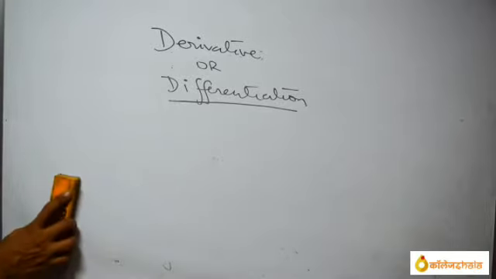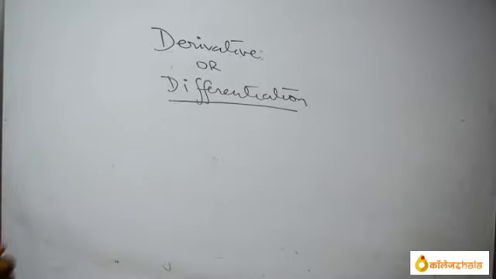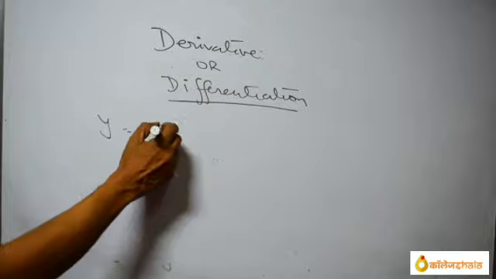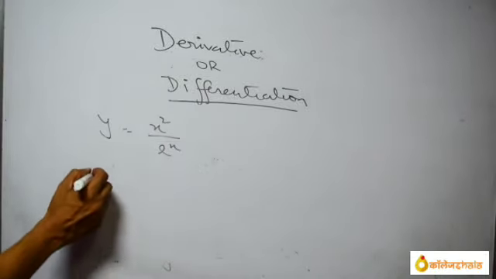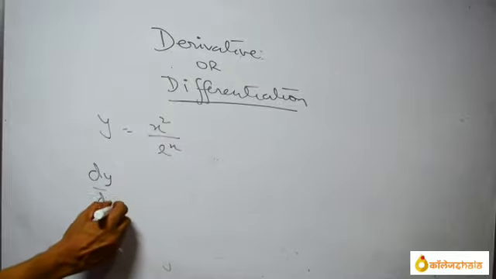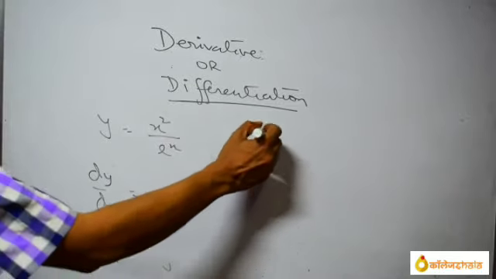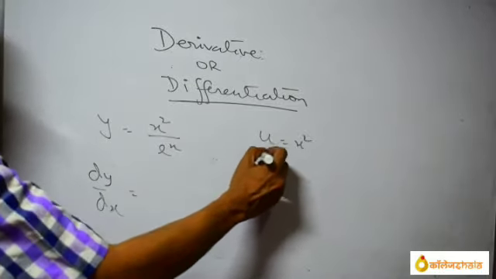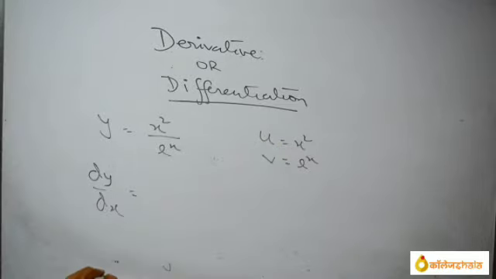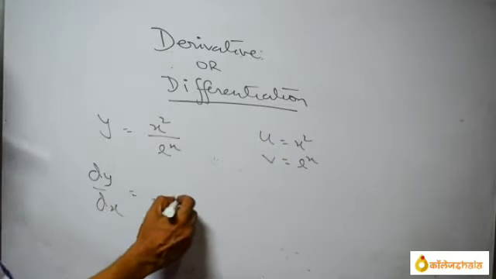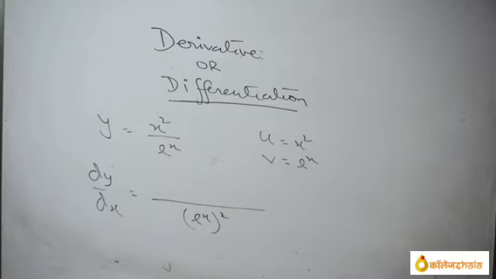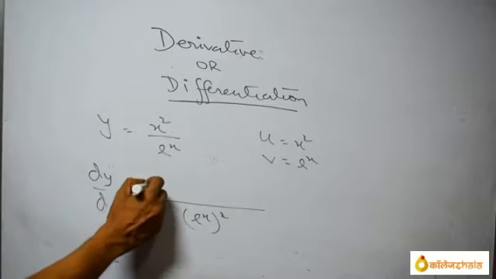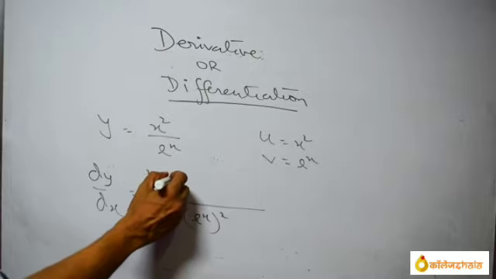And the final example we can see here: y is equal to x square by e to the power x. We are finding dy/dx. So what is the derivative? dy/dx will be u by v. U is x square and v is e to the power x in this case. So the idea will be v square, that is e to the power x whole square, then v, that is e to the power x, into derivative of u.